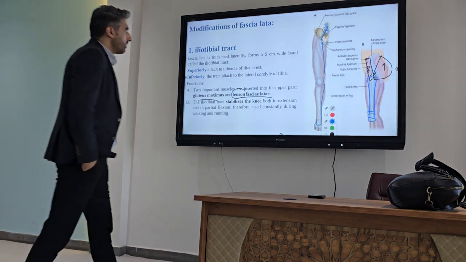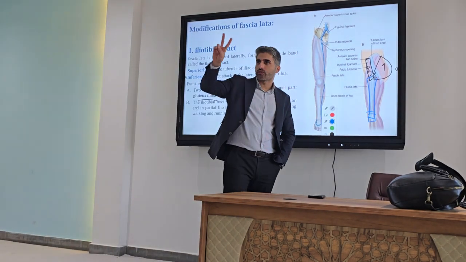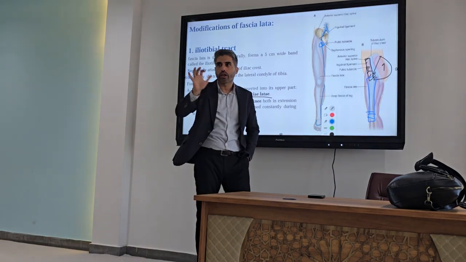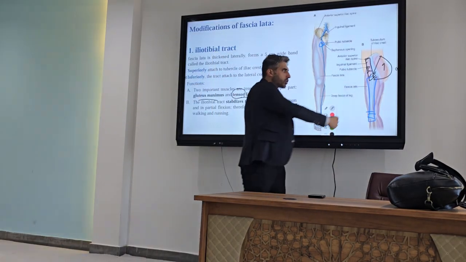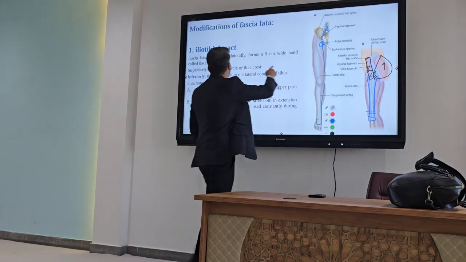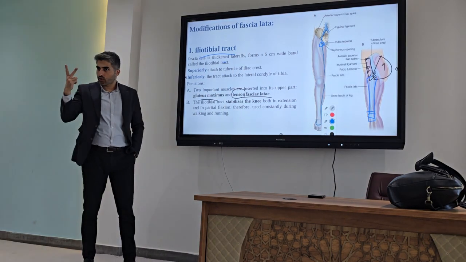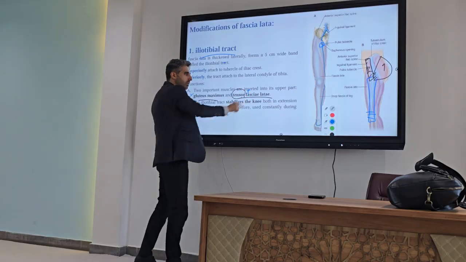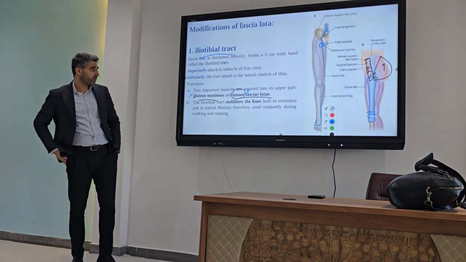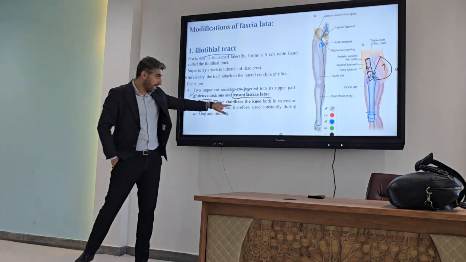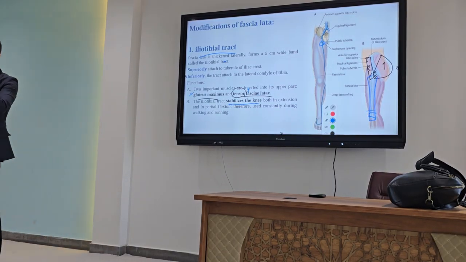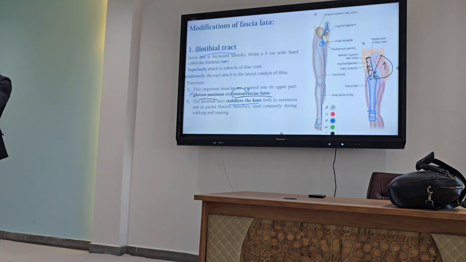So in the fascia lata we have two structures: one opening, which I explained for you, and one tract, the iliotibial tract. Two muscles attach to this tract, gluteus maximus and tensor fascia lata. What is the function? Stabilize the knee, make it stable, protect it.